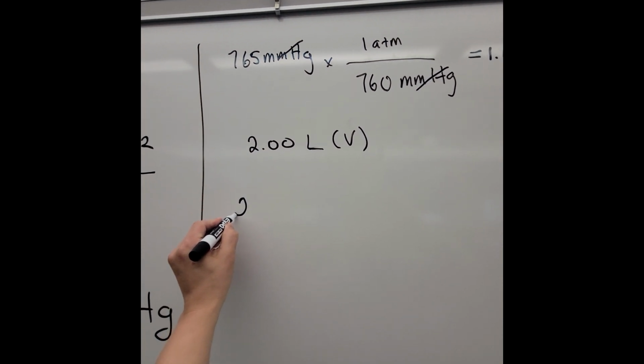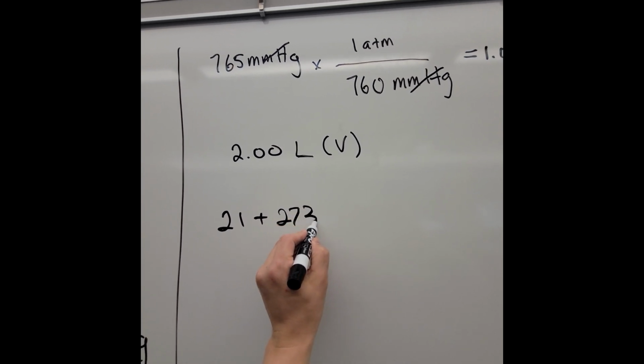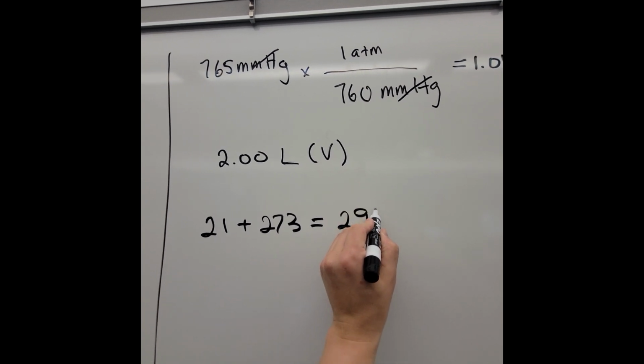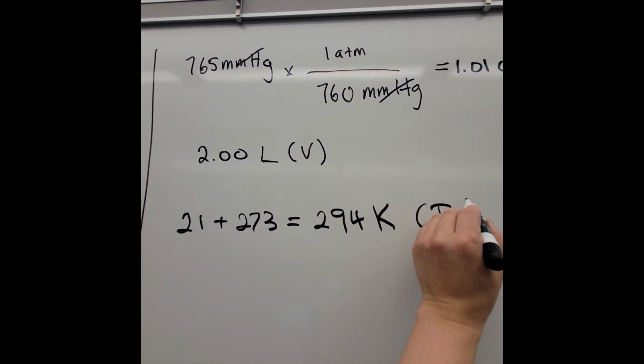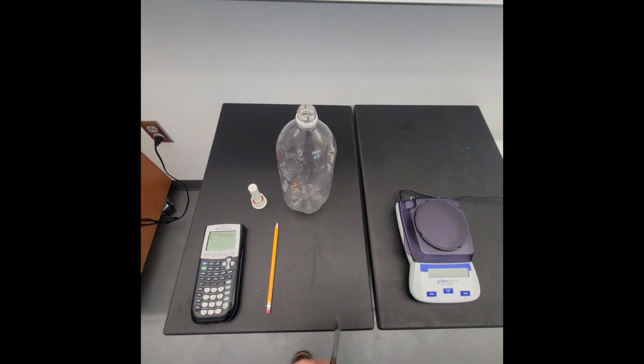So we need to add 273 to that to turn that into Kelvin. And that's going to be our initial temperature. All right, let's stick this guy in here.